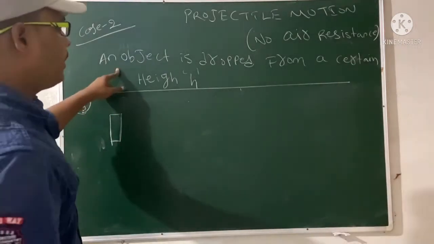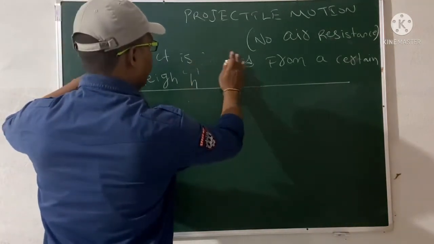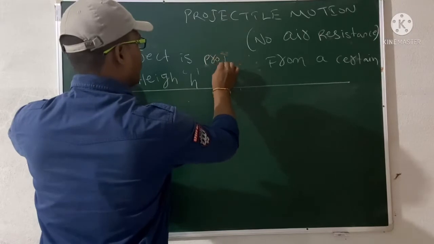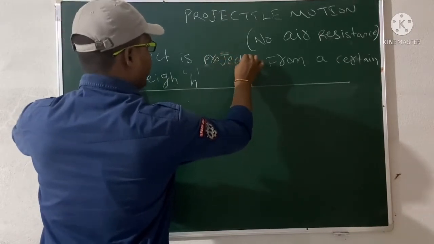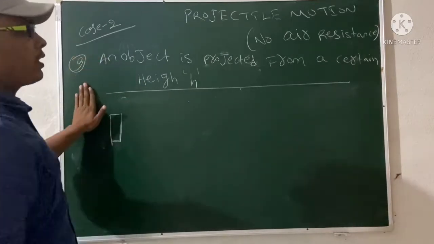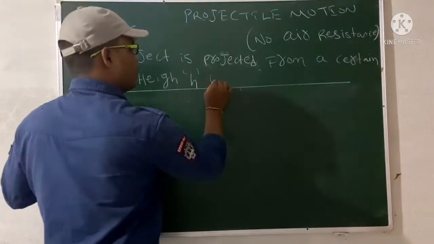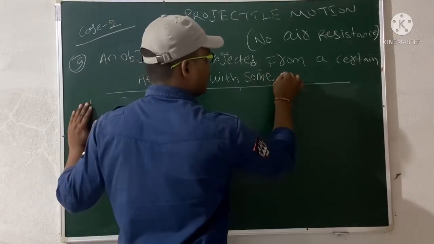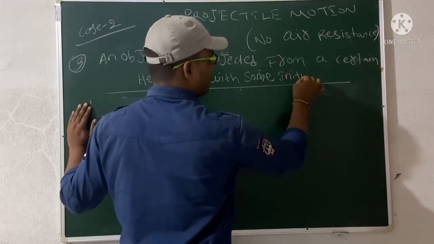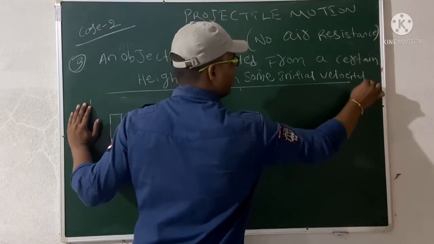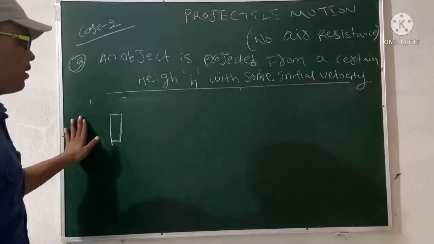An object, it is projected, not dropped, projected. This is the third case. An object is projected from a certain height h with some initial velocity.